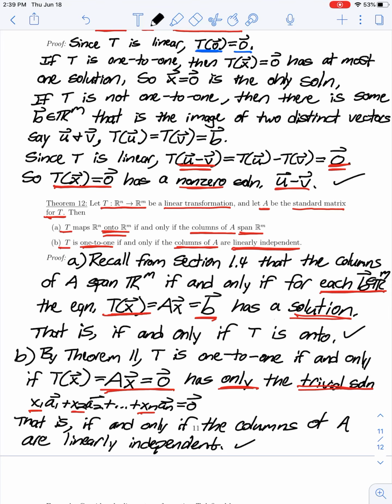So we now have some conditions for testing whether a given transformation, namely a linear transformation, which could be expressed as a matrix transformation, is one-to-one or onto.